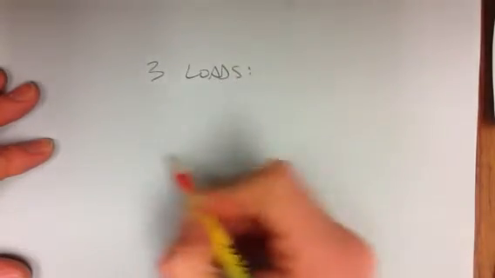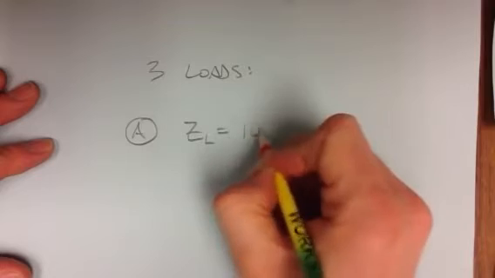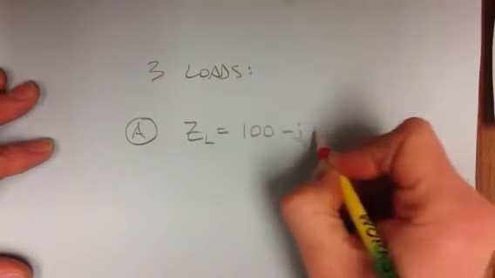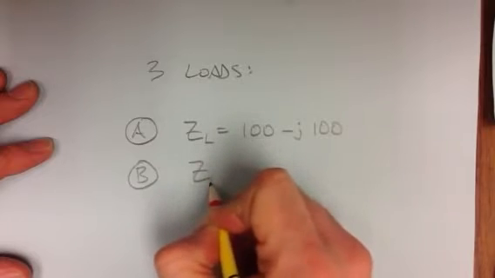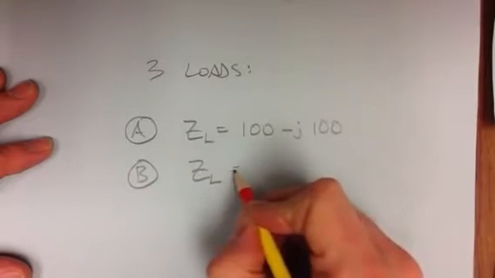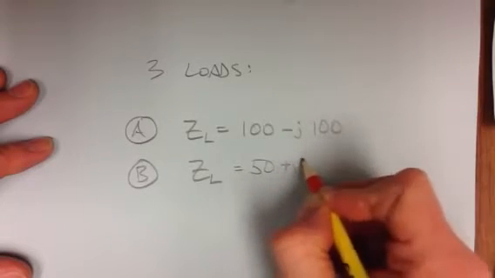Three loads. Load A, impedance is 100 minus j100. Load B equals, let's say, 50 plus j100.